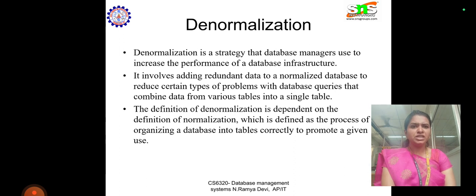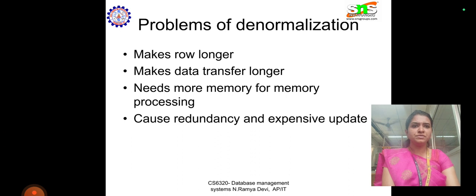The definition of denormalization is dependent on the definition of normalization, which is a process of organizing a database into tables correctly to promote a given use. The problems of denormalization: it makes rows longer, makes data transfer longer, needs more memory for processing, and also causes redundancy and expensive updates.